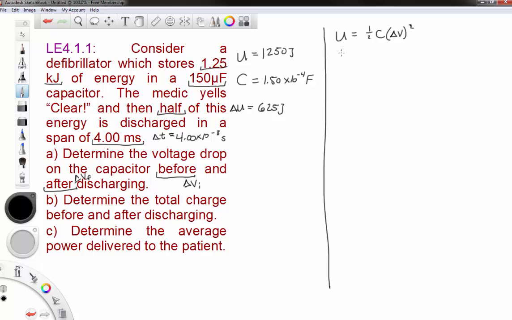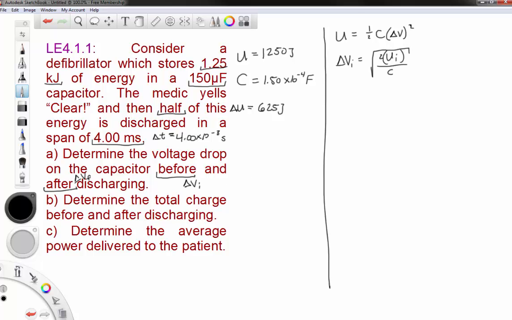So initially we can write delta V initial is equal to U initial times 2 divided by C, and all that's under a square root.